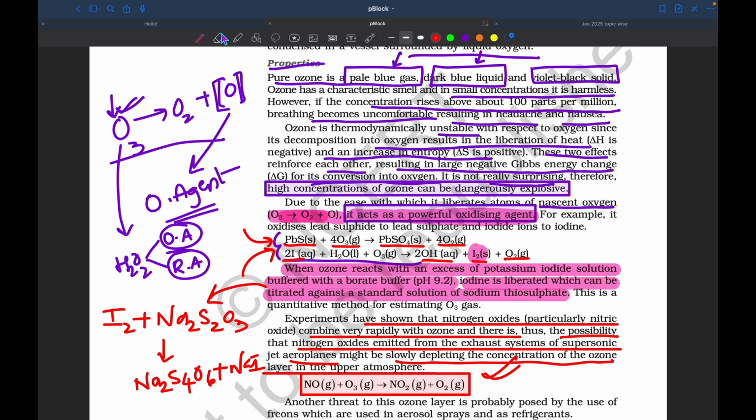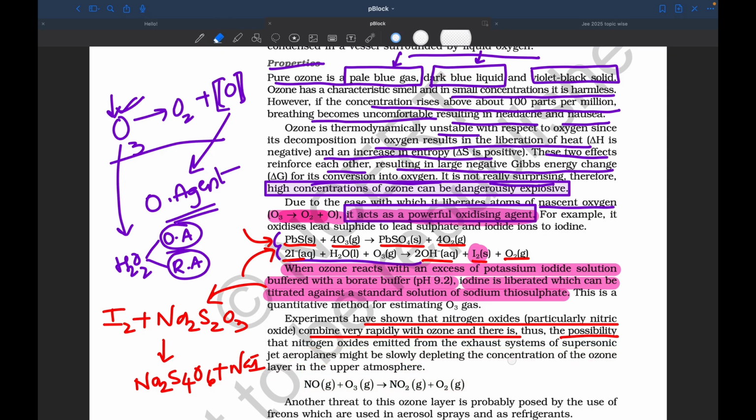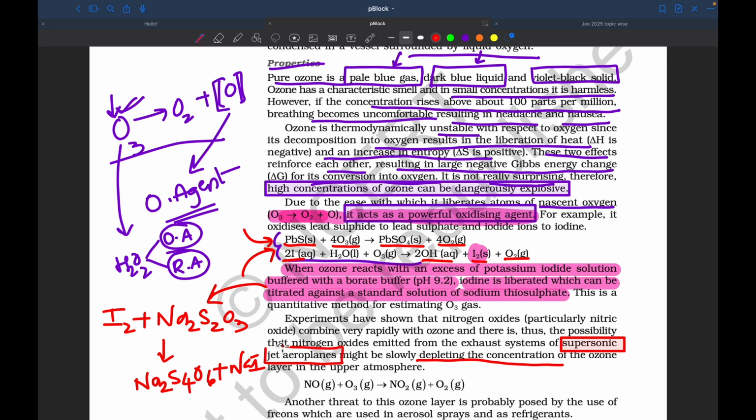So here is another point related to our atmosphere. What is responsible for the ozone depletion? What are the reasons for this depletion? Supersonic jet aeroplanes are responsible for this, right?